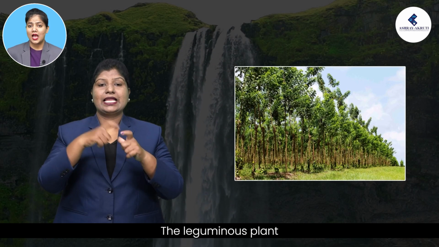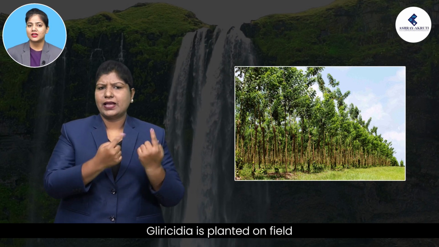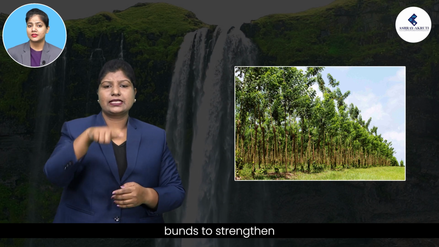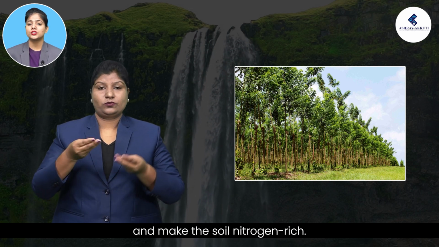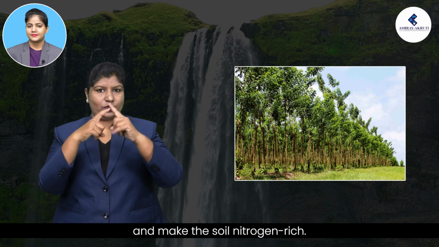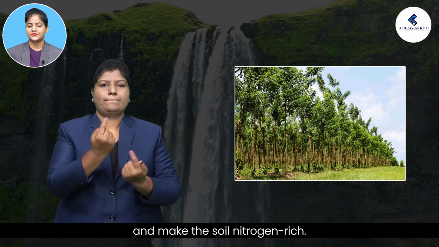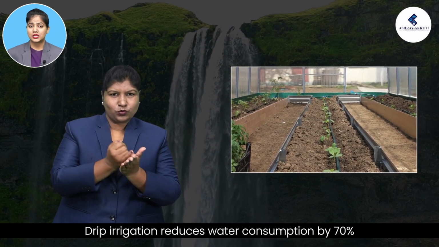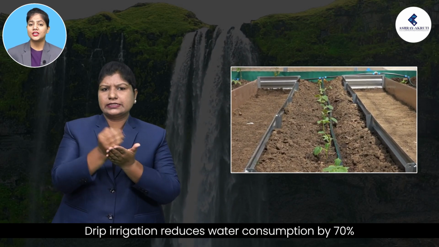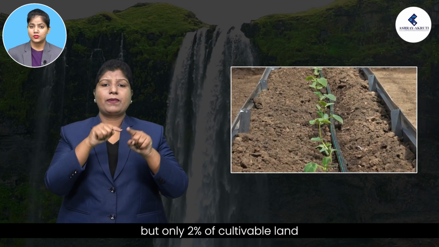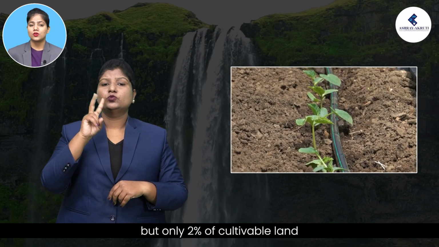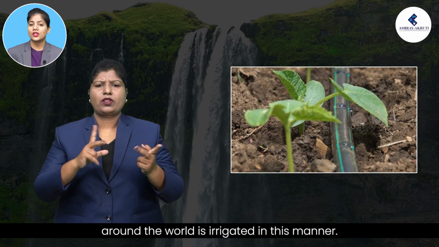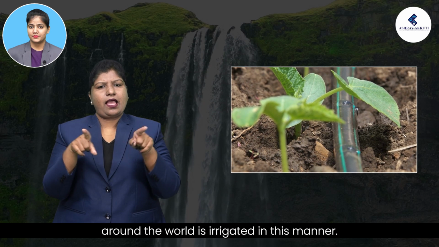The leguminous plant Gliricidia is planted on fields, bunds to strengthen them and make the soil nitrogen rich. Drip irrigation reduces water consumption by 70%, but only 2% of cultivable land around the world is irrigated in this manner.